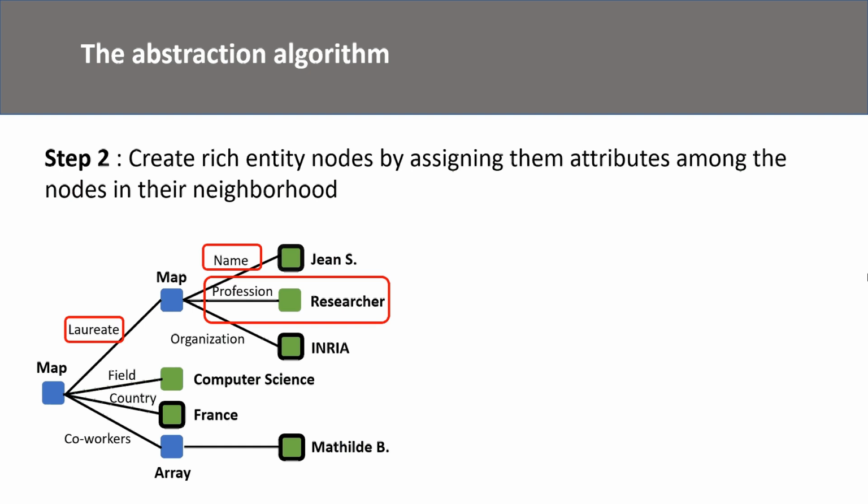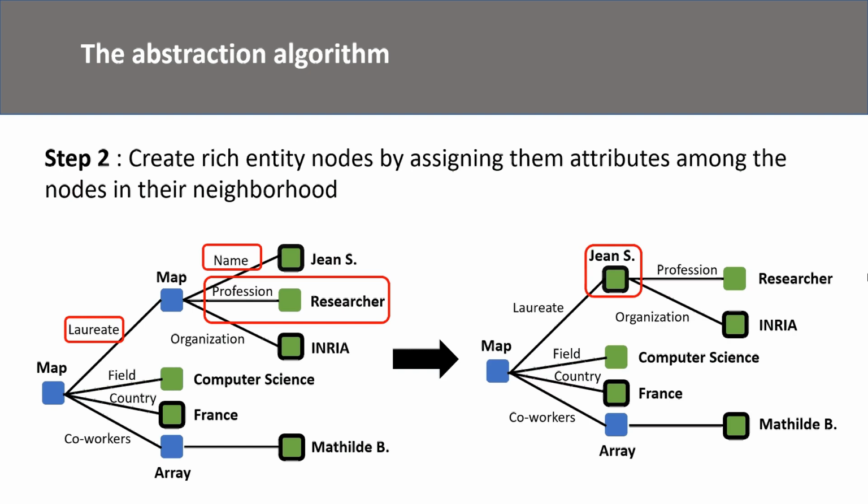Therefore, the node Jean S is pushed up in the graph to replace its parent, the map node. Nodes that are then children of Jean S but are not entities, for instance, researcher, become its attributes.